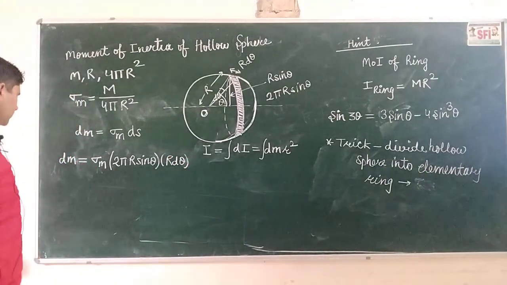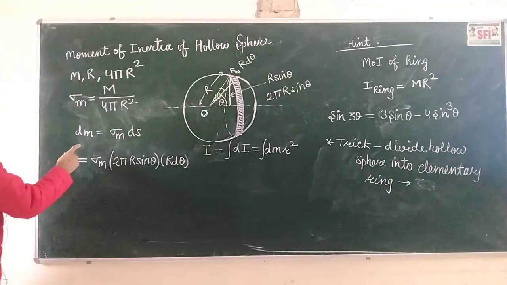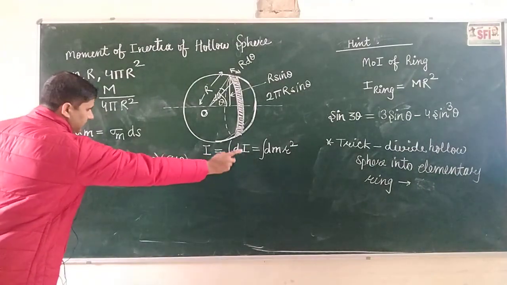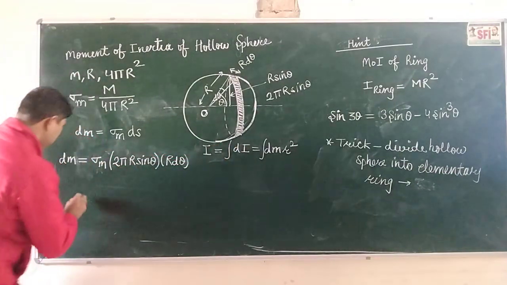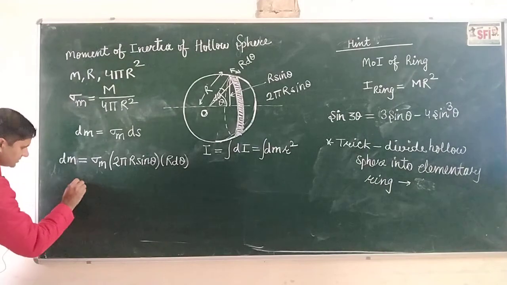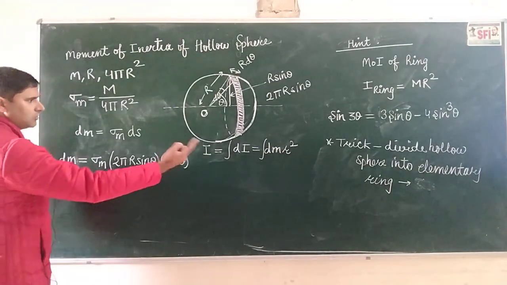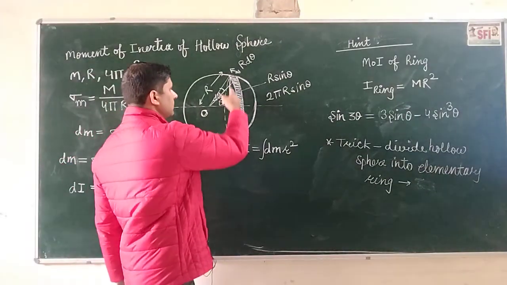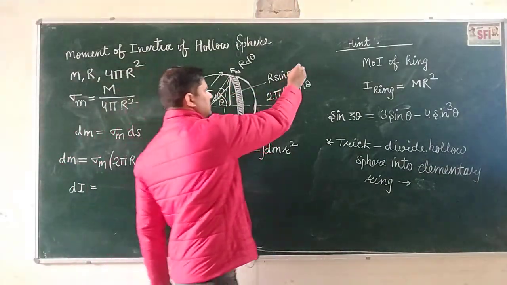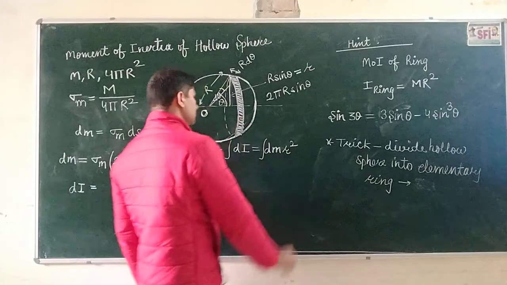So in this way you can find the mass. Now we are to find the moment of inertia dI of this elementary ring, and that will be dm into r square. And here the radius is r sin theta.